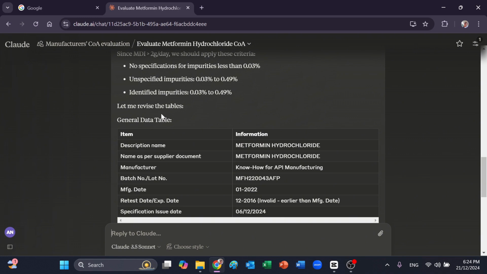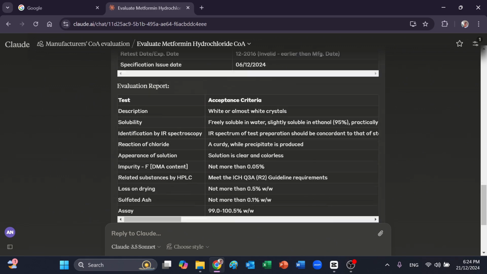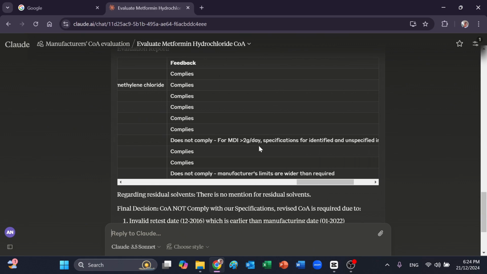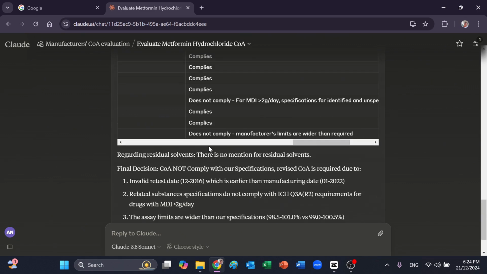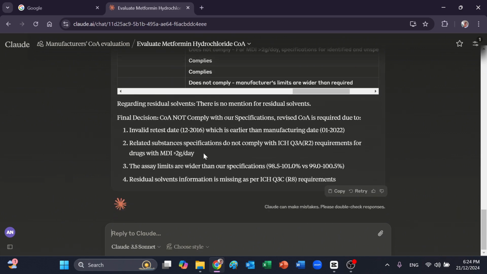So it revised the whole evaluation again, and the retest date is invalid. The related substance doesn't comply, and the assay also doesn't comply. So now it noticed the four issues we put: the invalid retest date, related substance specification doesn't comply, assay limit doesn't comply, and residual solvent not mentioned.